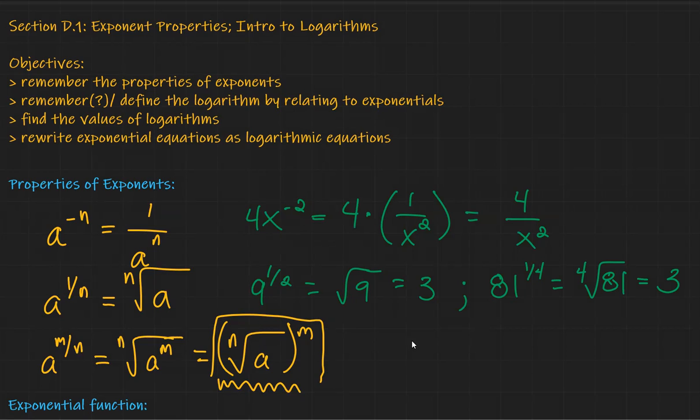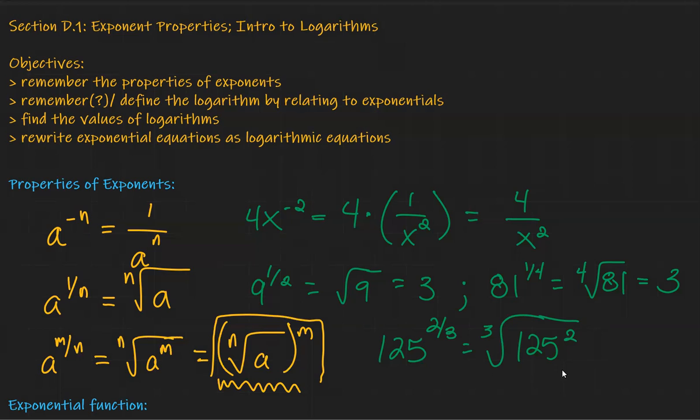Okay, so let's say I had 125 to the 2/3 power. Well, I can express it like this. Let's see kind of why this would be a little bit easier. If I do the first version, that's going to be the cube root of 125 squared. But 125 is kind of already big.